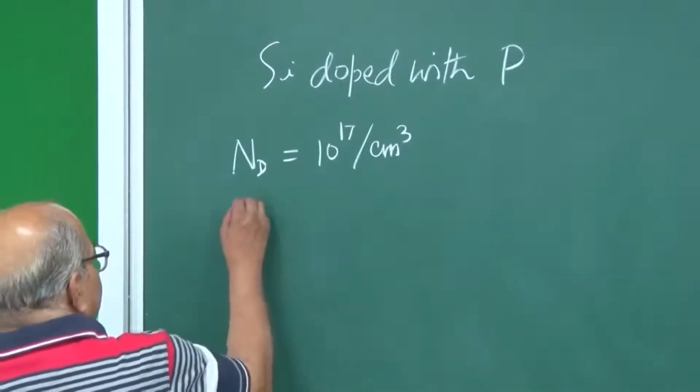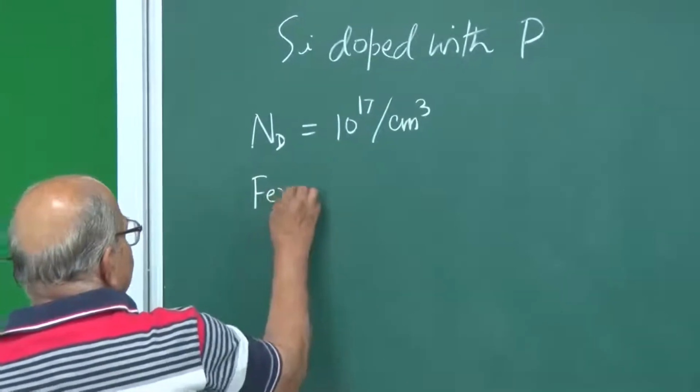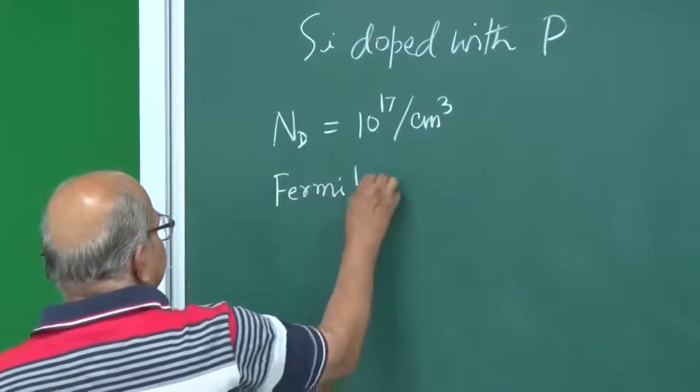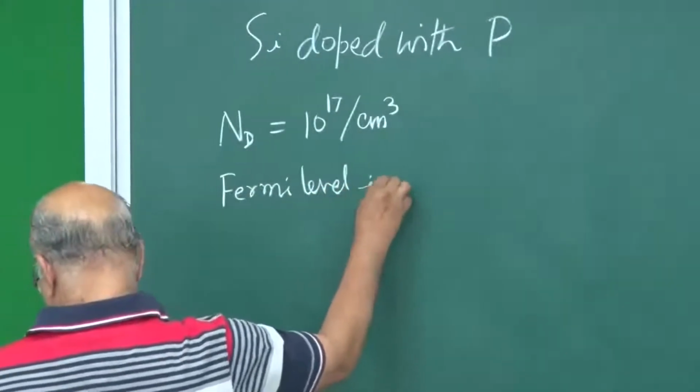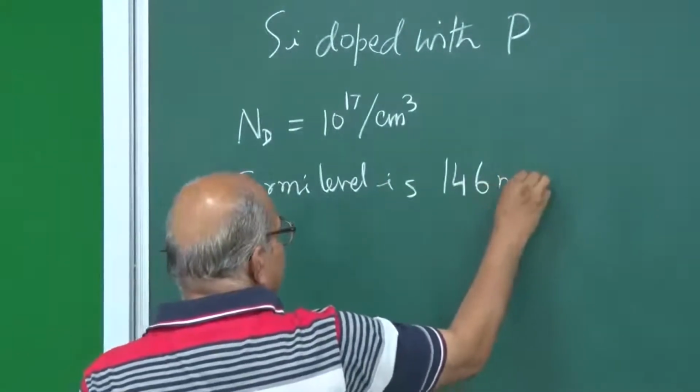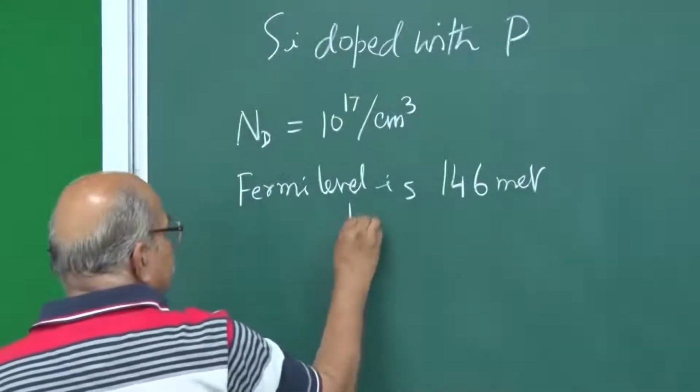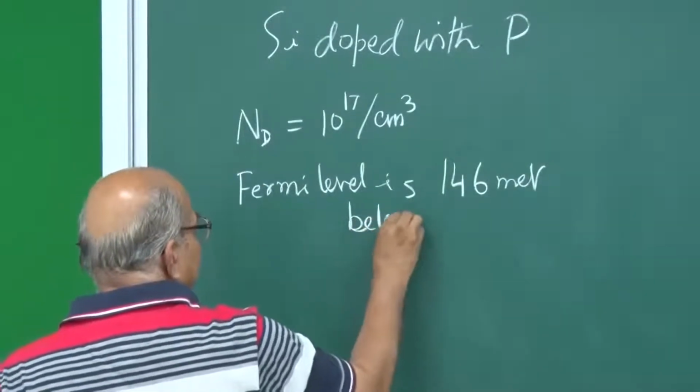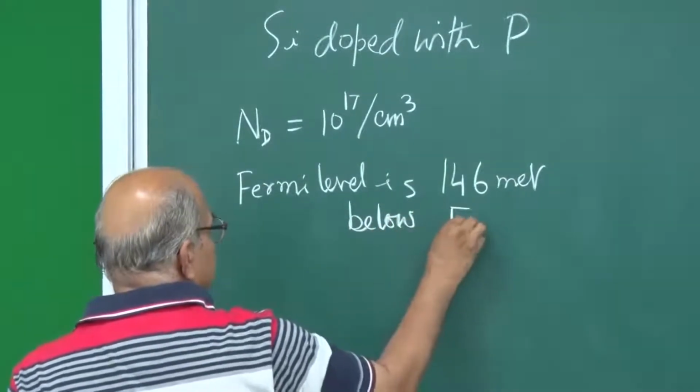Then the Fermi level is 146 milli electron volts below EC. What is EC?